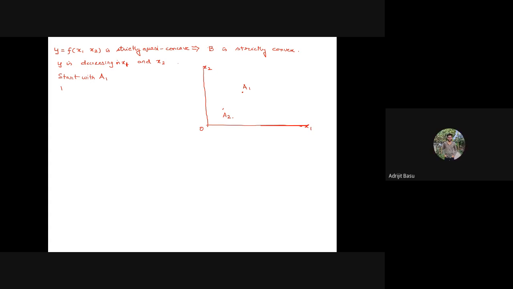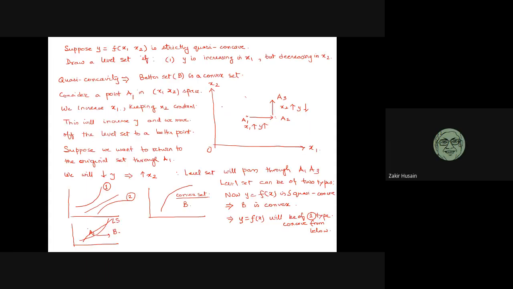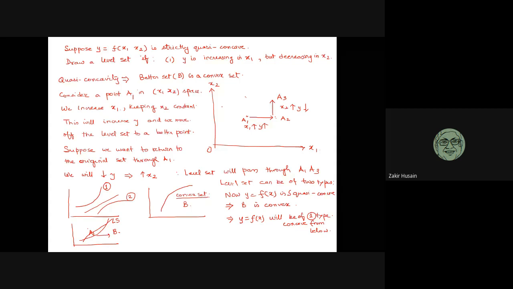A2 is a part of the worse set, because y is decreasing in x1 and x2, and A2 is lower in both x1 and x2 with respect to A1. See how I have moved it? Don't try to solve it very fast. Just change one variable at a time.